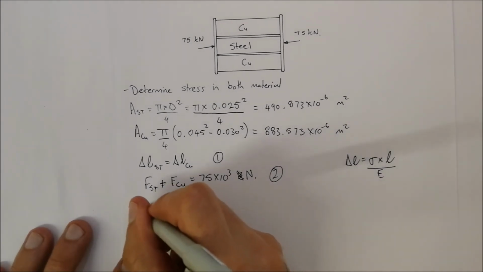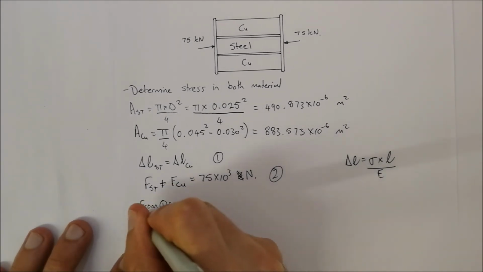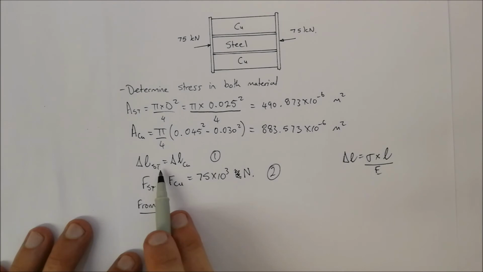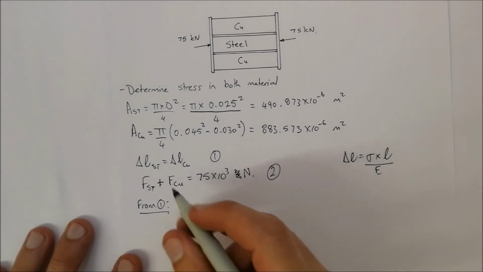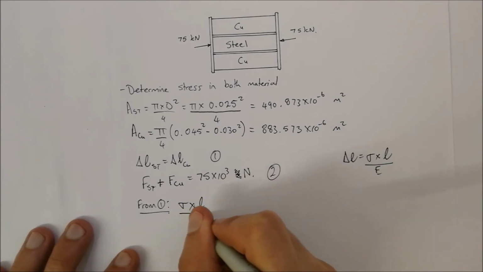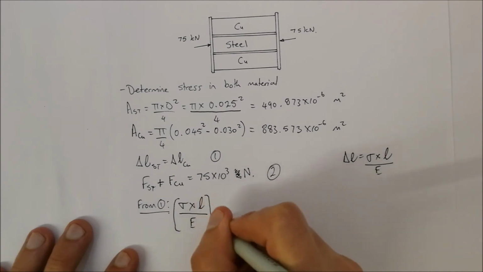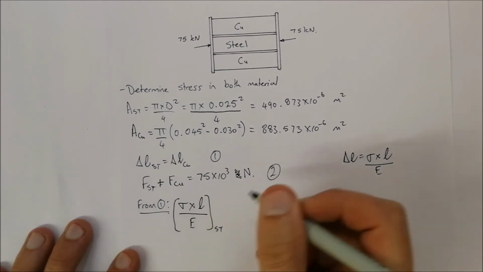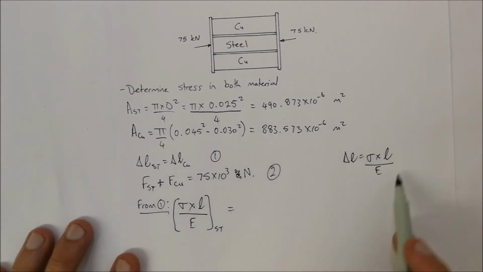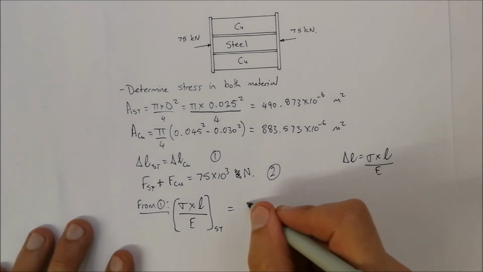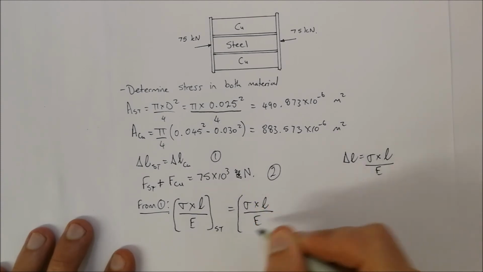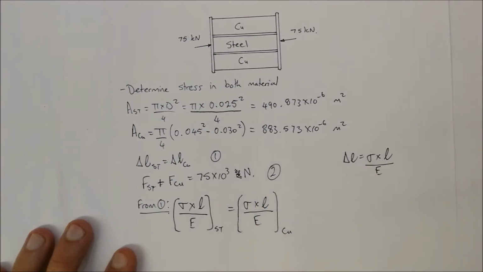So from 1 we can say the change in length of steel would be equal to, using this formula, the stress multiplied by the length over E, all for steel. And that is equal to the change in length of copper, which, using the same formula, will be stress multiplied by length divided by E of copper.